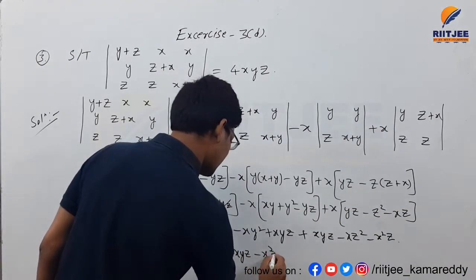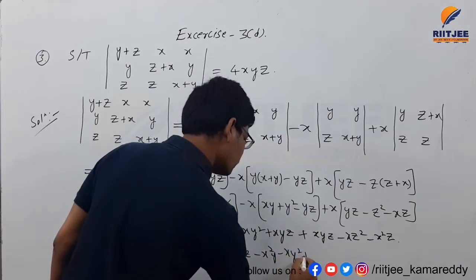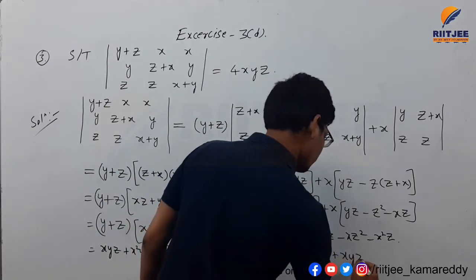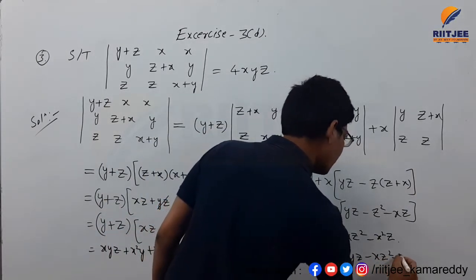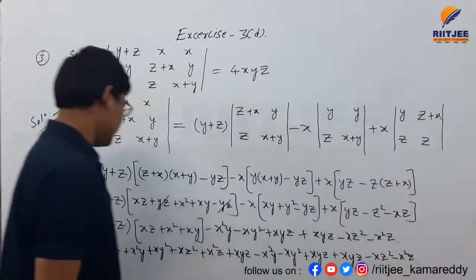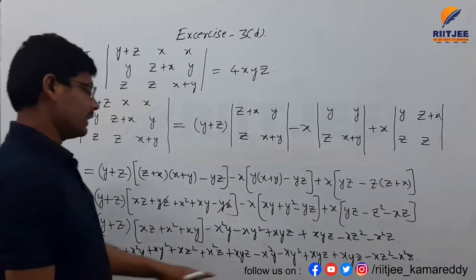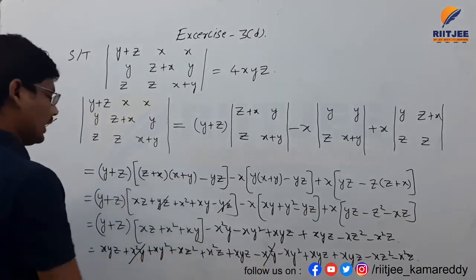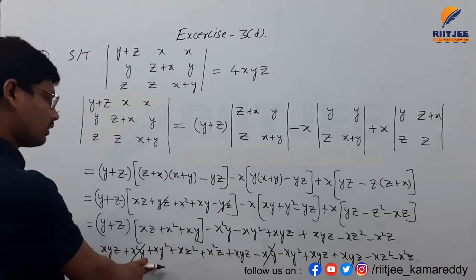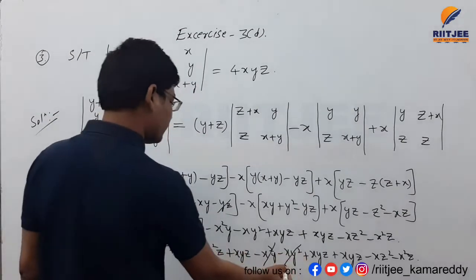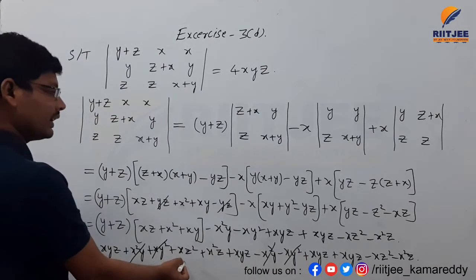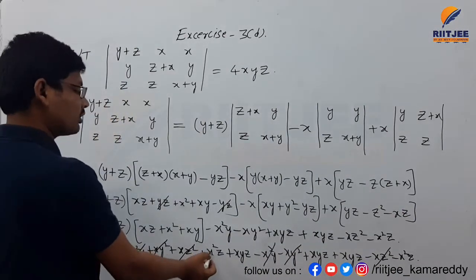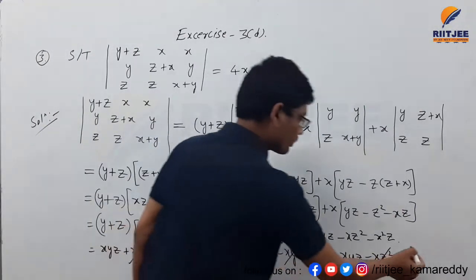I am writing the remaining terms as they are, minus x square z. Here x square y and minus x square y cancel, xy square and minus xy square cancel, xz square and minus xz square cancel, and x square z and minus x square z cancel.